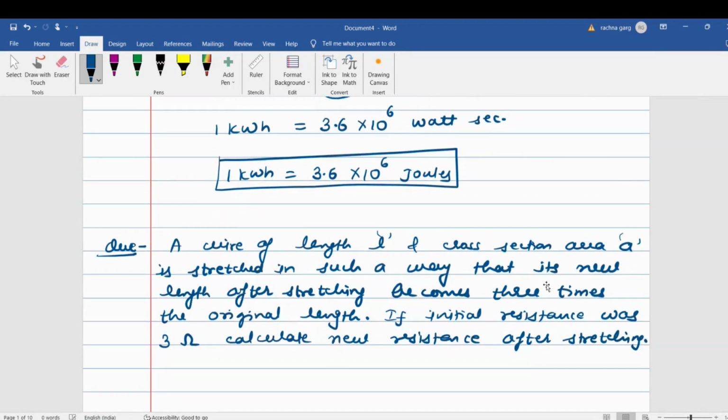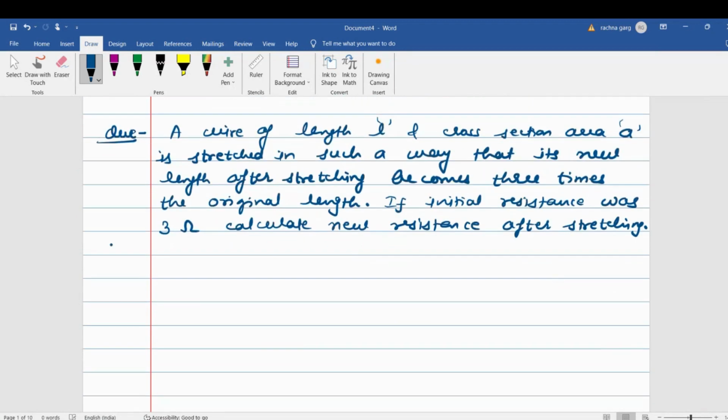Okay, how would you solve this? Here, initial length L1 is L, A1 is A. Please remember, if you are not adding any matter to the existing matter, its volume remains same, whatever shape it acquires. So L2 is 3L, given in the question.